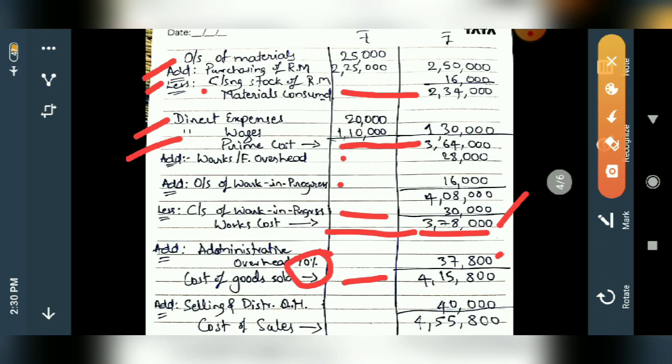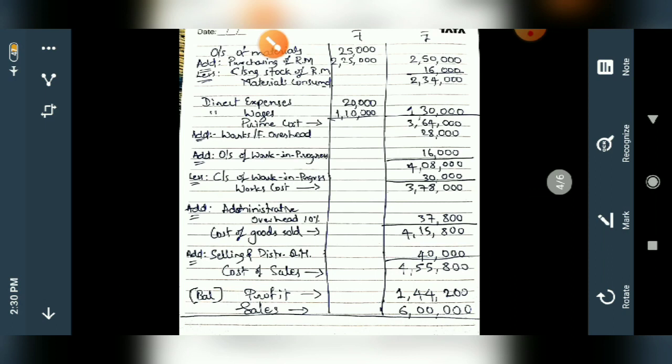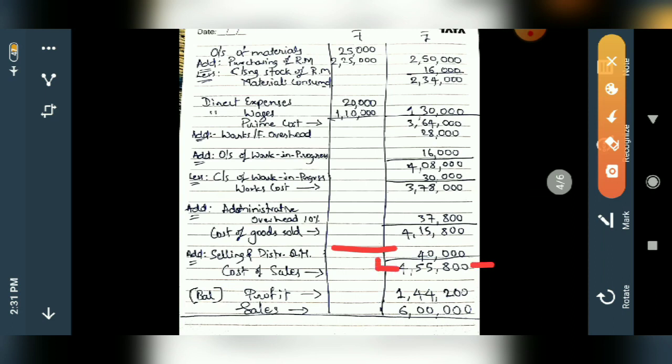4,15,800, right? So now what you have to do, cost of sales is to be calculated. For that reason, selling and distribution overhead is to be added. If it is there, you have added. Then you get 4,55,800. So here we don't know the profit balance, you have to calculate now. Sales amount is given there in the question only.